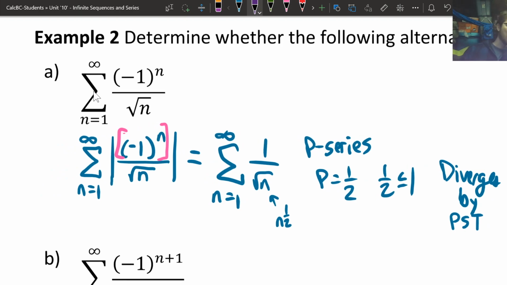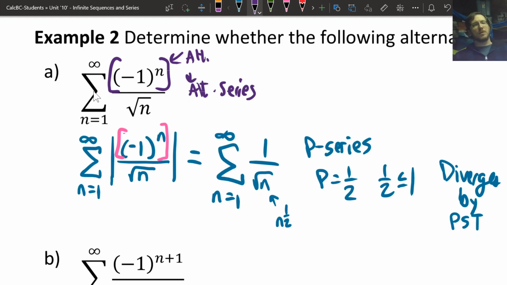Let's go up to our original. We see our alternator, so we know that it is an alternating series. Let's use our alternating series test. Let's look at the limit as n approaches infinity of the rest of that, so 1 over root n, or n to the 1/2, doesn't really matter.